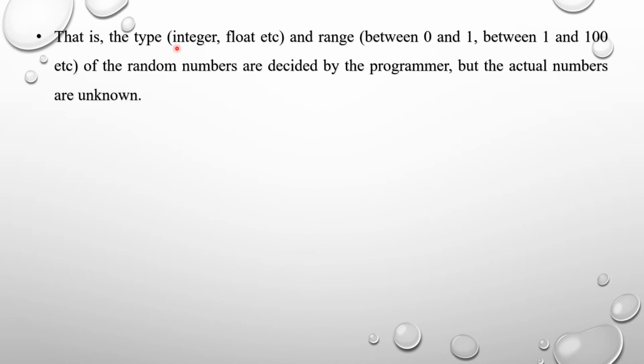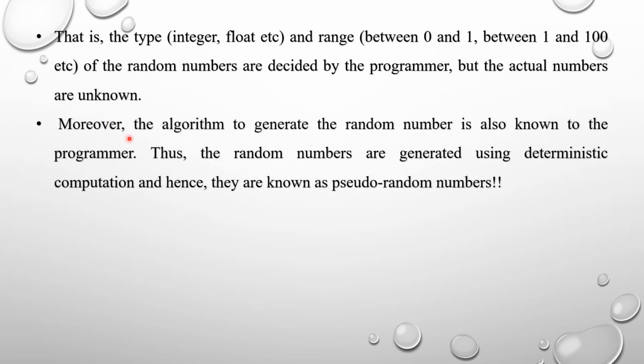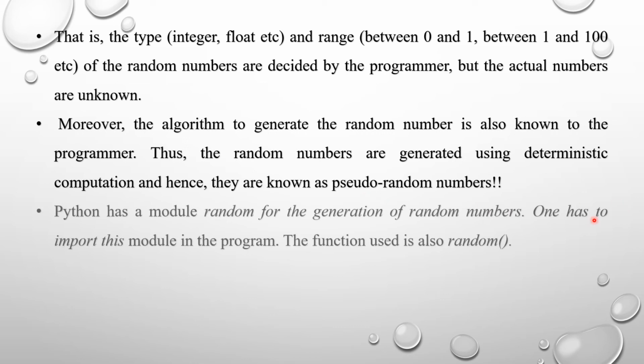That is, the type, integer or float etc., and the range, between 0 and 1 or between 1 and 100 etc., for the random numbers are decided by the programmer, but the actual numbers are unknown. Moreover, the algorithm to generate the random numbers is also known to the programmer. Thus, the random numbers are generated using a deterministic computation and hence they are known as pseudo-random numbers.